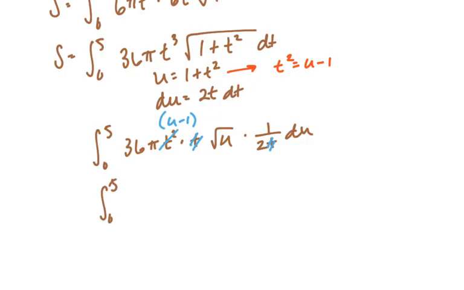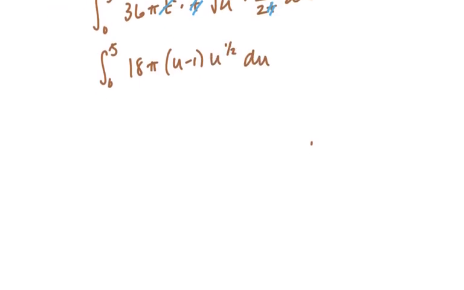So we have 0 to 5. Half of 36 is 18 pi, parentheses u minus 1, u to the 1/2 du. Let's distribute that. So we have 0 to 5, 18 pi.